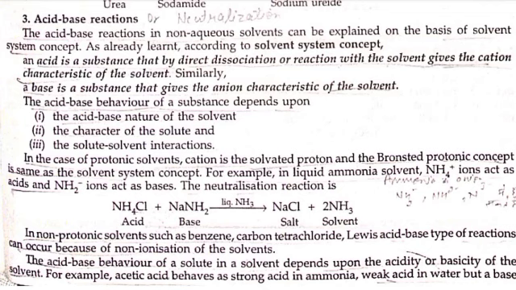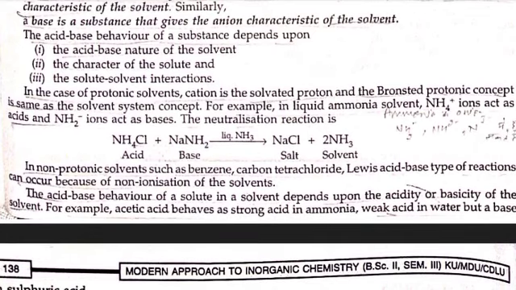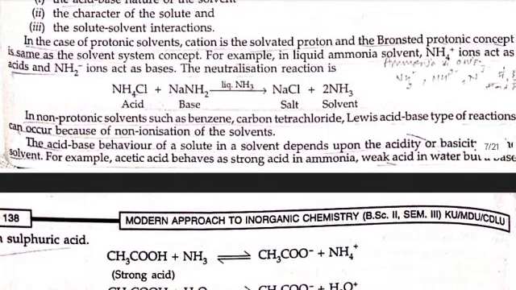The acid-base behavior of a substance depends upon the acid-base nature of the solvent, the character of the solute, and the solute-solvent interactions. In the case of protonic solvents, the cation is the solvated proton and the Bronsted protonic concept is the same as the solvent system concept. For example, in liquid ammonia solvent, NH4+ ion acts as an acid and NH2- ion acts as a base. The neutralization reaction is acid plus base gives salt plus solvent.